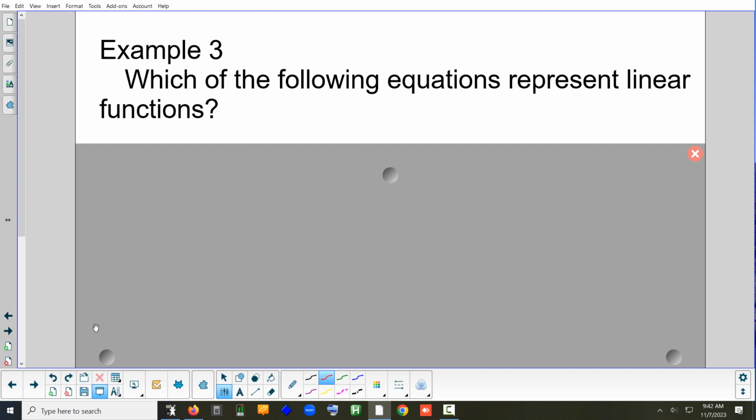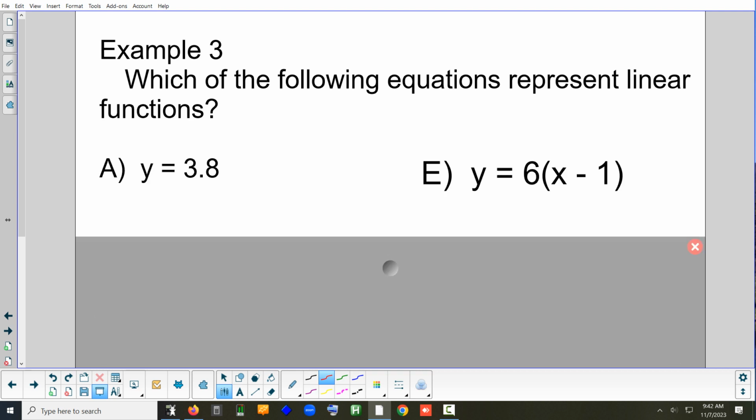So which of the following equations represent linear functions? I'm going to skip this one. We'll come back to that one. I'm just going to go down, so I'm going to start with E. Remember, you want it to look like this. The way E is written, does it look exactly like y equals mx plus b? No. Could we do something and then it would?